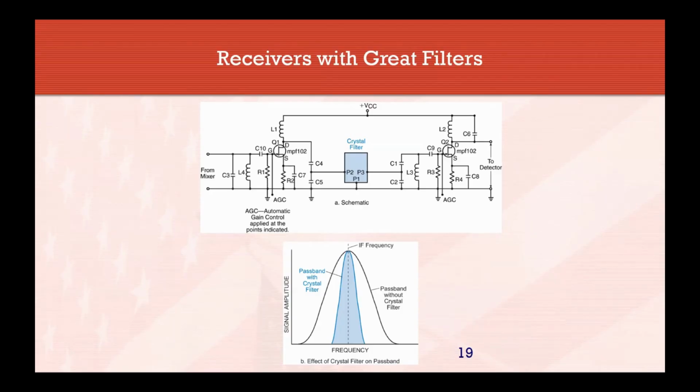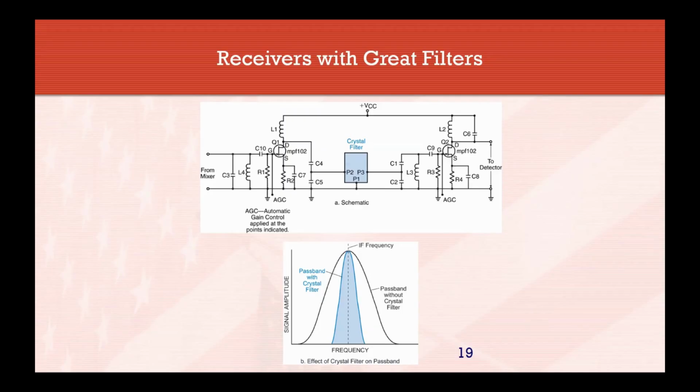The signal coming in is depicted by the little diagram below the schematic. The signal amplitude, as you can see, is the vertical axis. The frequency coming in is on the horizontal axis. That is, the frequency is increasing from left to right as you look at it. So this is the pass band without the crystal filter, showing a particular frequency that we're looking for right at the top, and the response of our radio to that with its normal tuning.